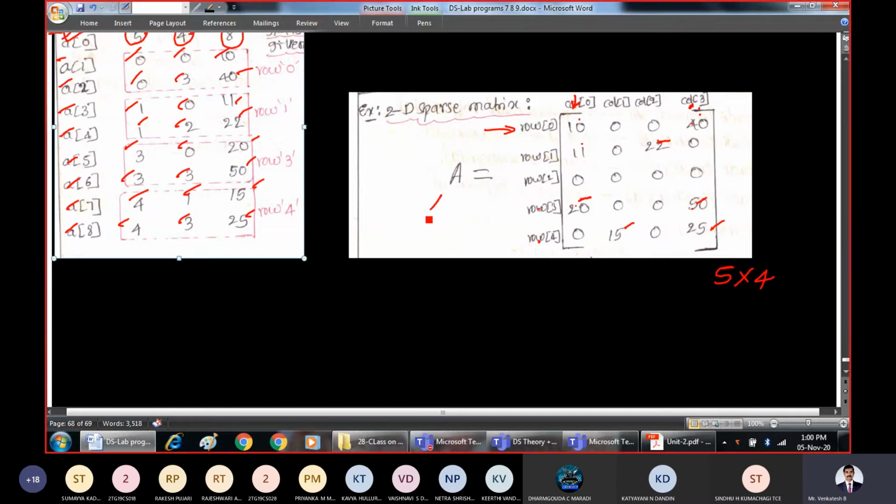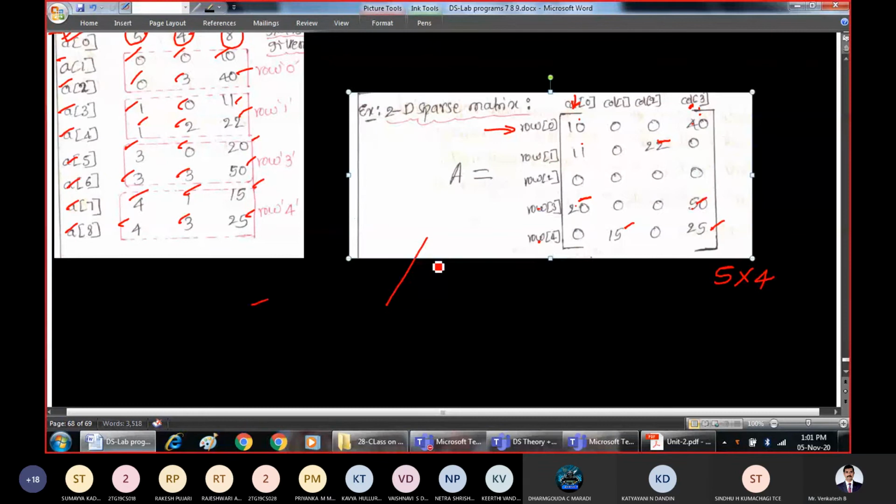So you may be asked like this also: for the given sparse matrix, you may be asked to find the transpose.